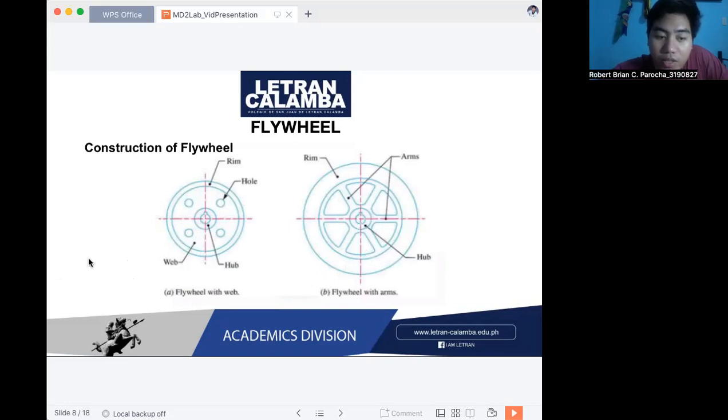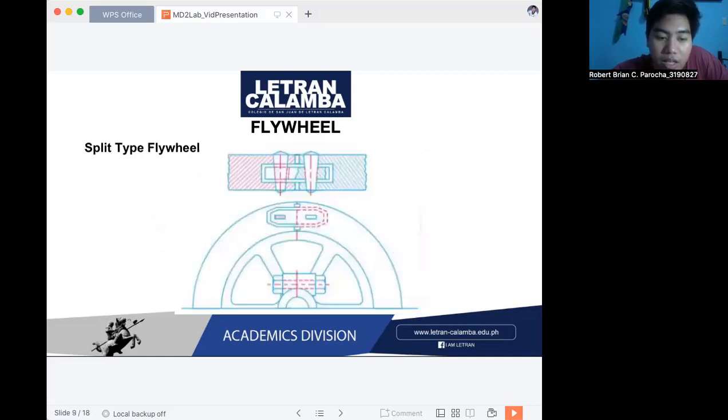The difference of the two is that those with arms consist of either 4 to 6 arms with a hub, with rims, the outside part, and a shaft at the middle, while the flywheel with web is like a cover from the rim to the hub. There's a cover, but it consists of usually 4 holes. You can see there.